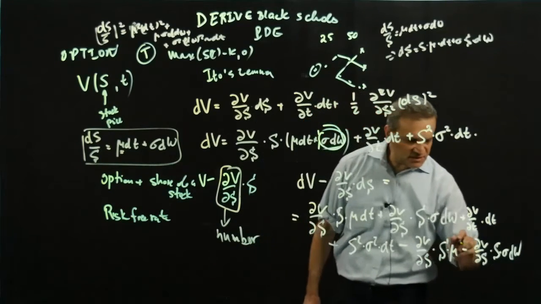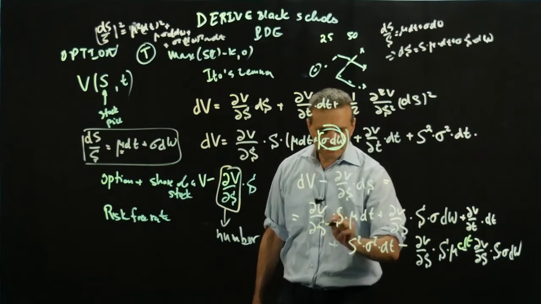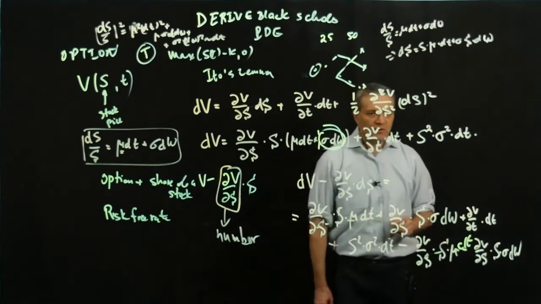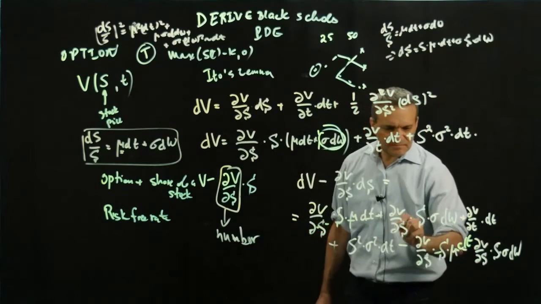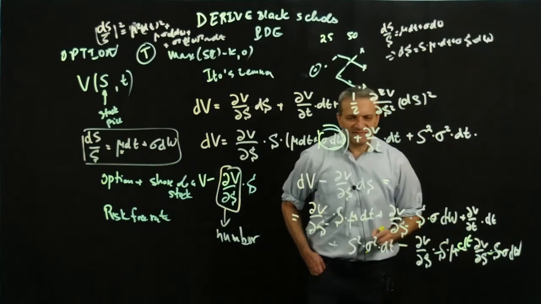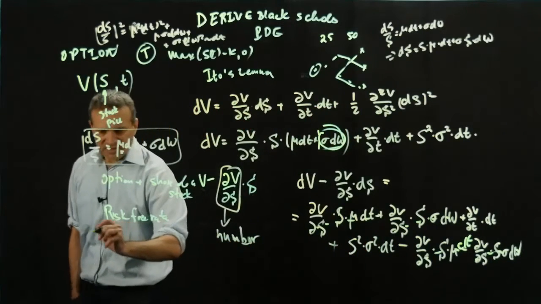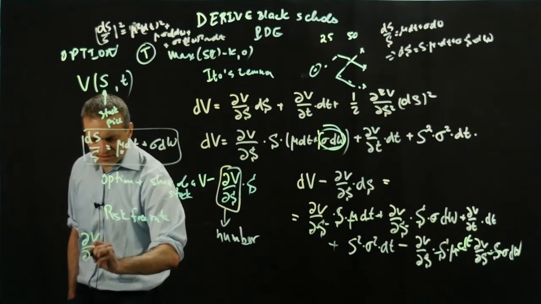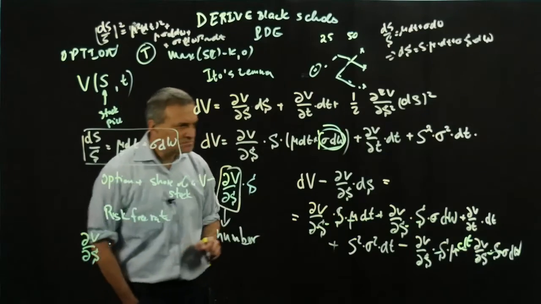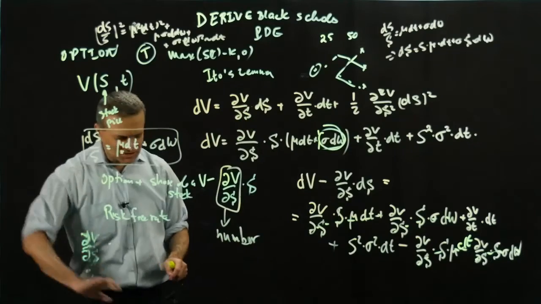Of course we have dt's here. First of all, this term and this term go away. What else goes away? This one and this one go away. So what is left? What is left is as follows. The dV/dS terms are gone actually.